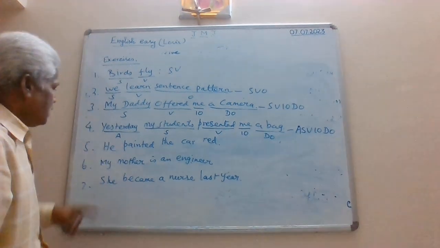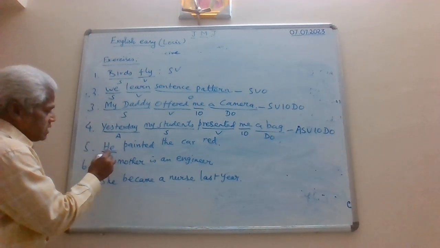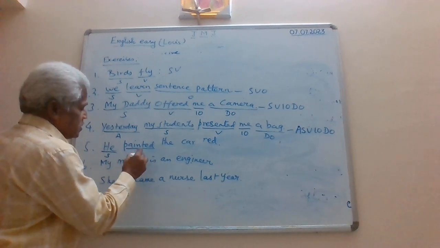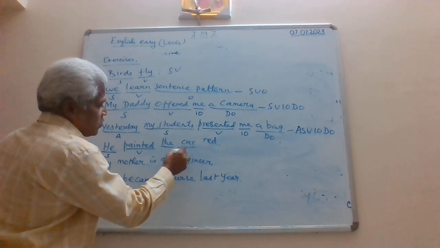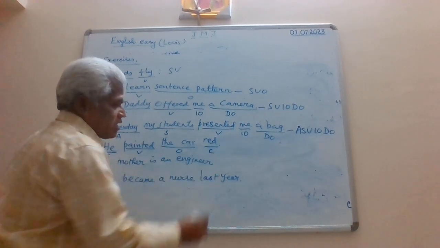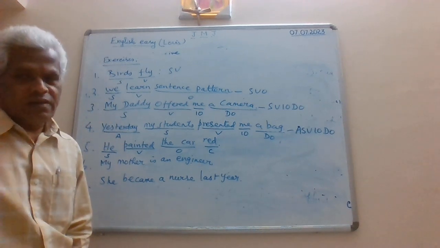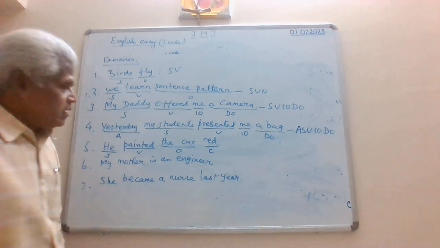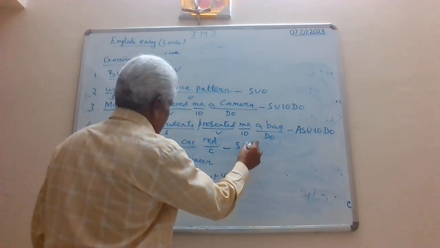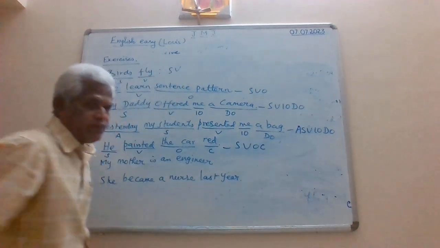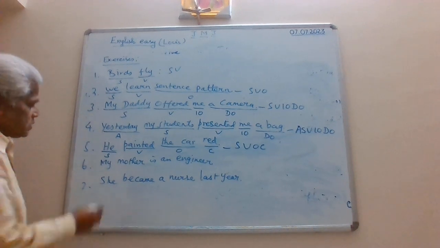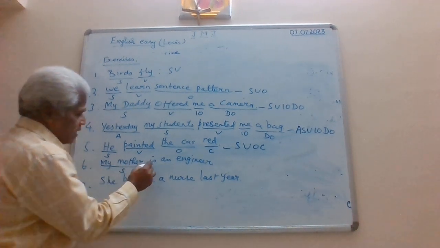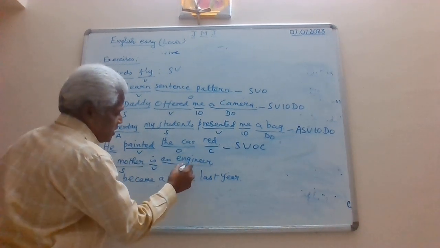Okay? Now next sentence. He is your subject. Painted is your verb. The car is your object. Red here is a complement. Therefore, this is SVOC. What about the next one? My mother is your subject. Is is the verb. Engineer is a complement.